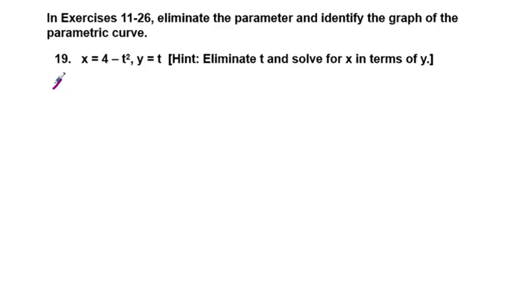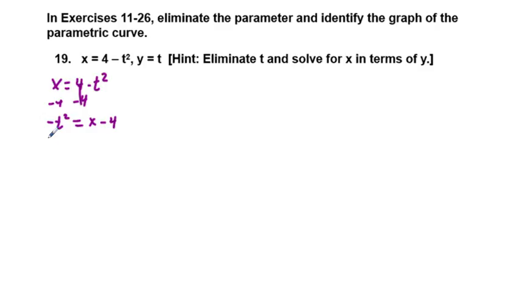So I'm going to bring down x equals 4 minus t squared. And solving for t, if we subtract 4 from both sides of this equation, we have negative t squared is equal to x minus 4.